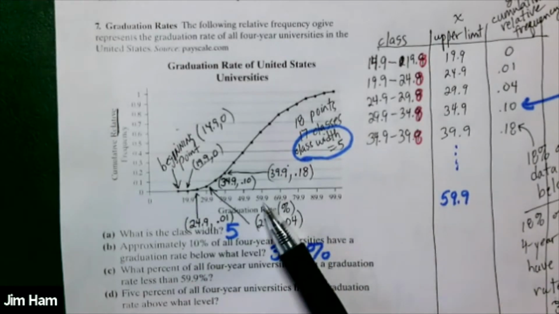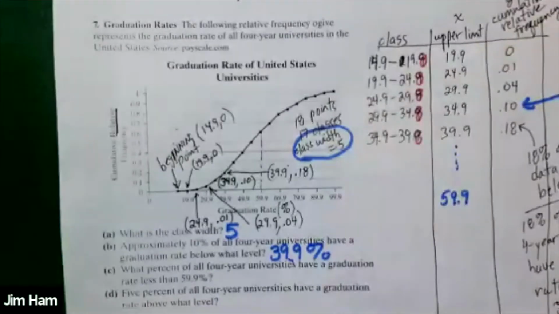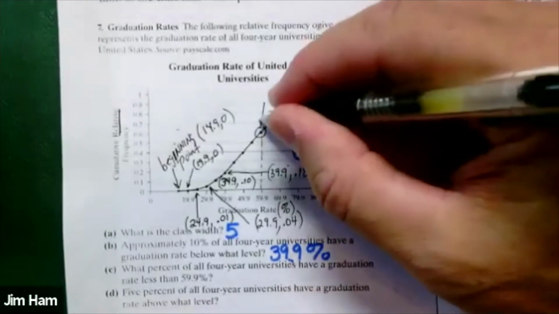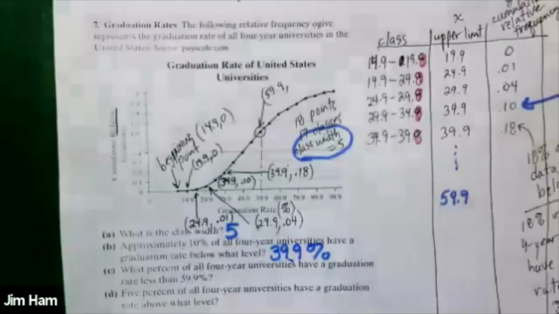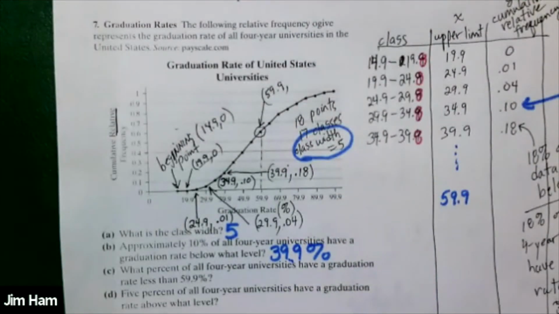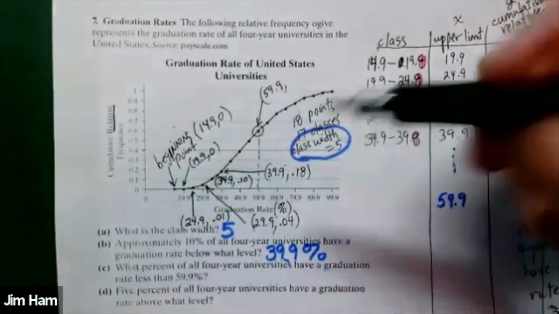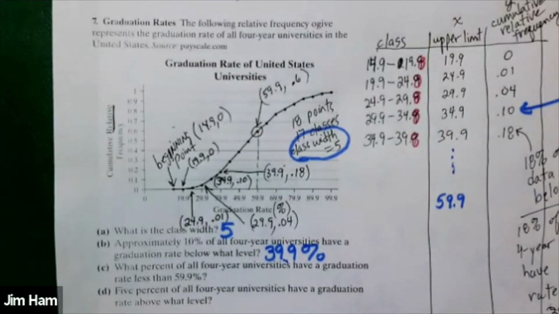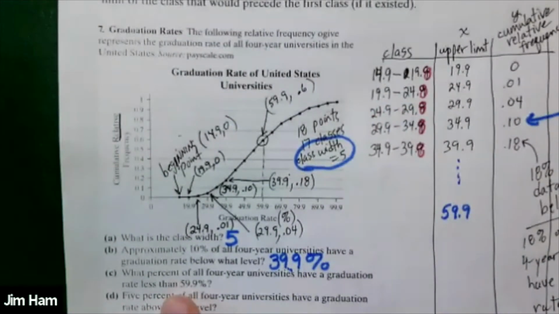Here's 59.9. And we're going to go up. And there it is, this point right here. The coordinates of that point are 59.9, and the y-coordinate looks like it falls right on a lattice line there. So that's equal to 0.6. And that means 60%. So you can just look at that point without generating this whole table, and you can answer the question in part C.